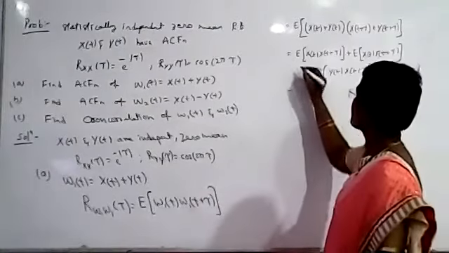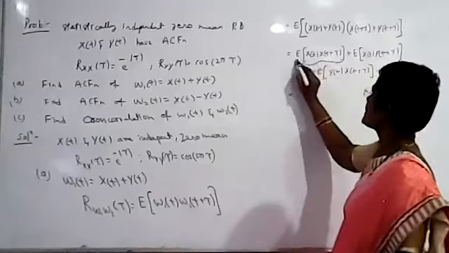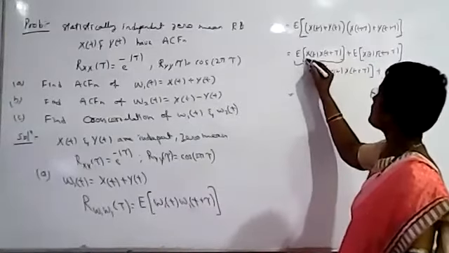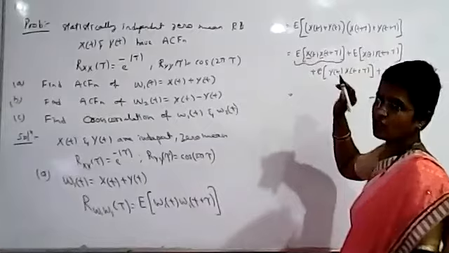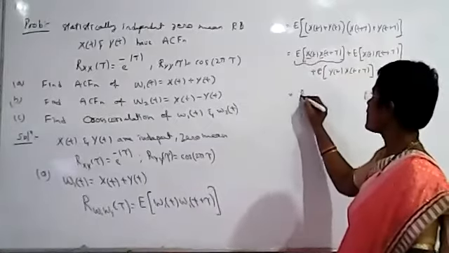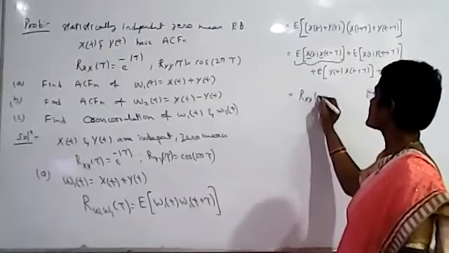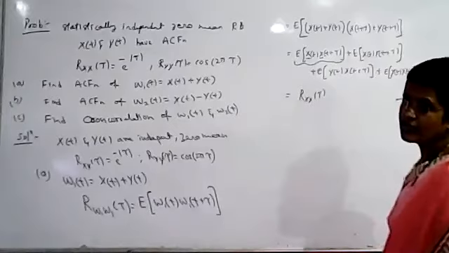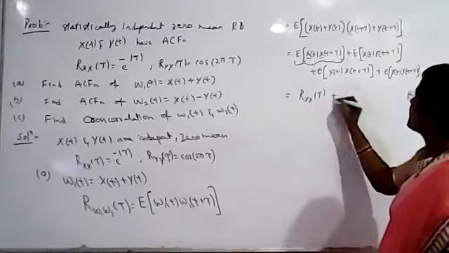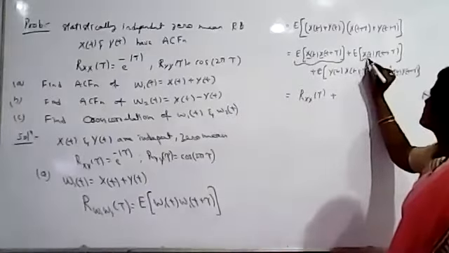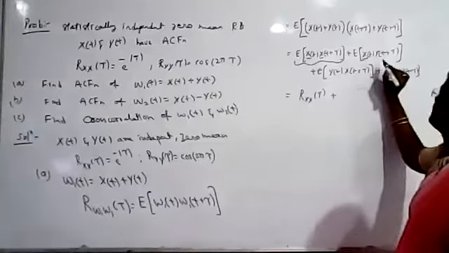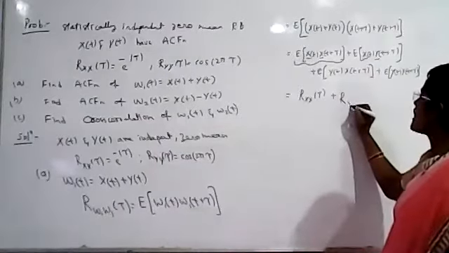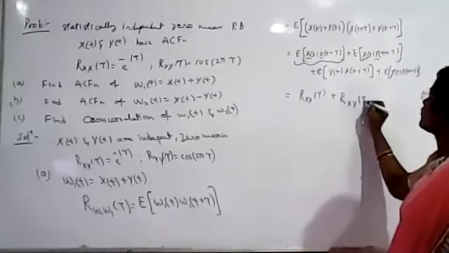Now what is the formula of the first term, expected value of x of t, x of t plus tau? These two are from the same random process x only, yes or no? So it is Rxx of tau. Is it clear? Now, in the next term, the first variable is from x, the second variable is from y, so it is Rxy of tau.